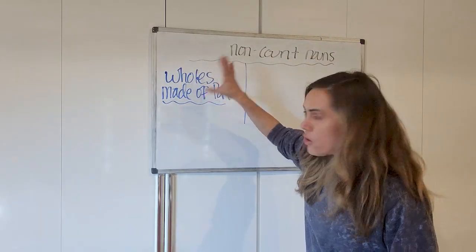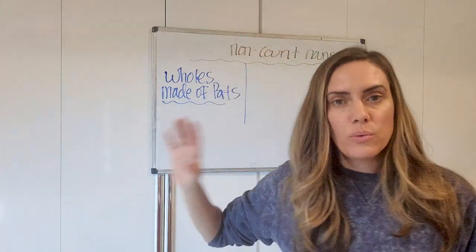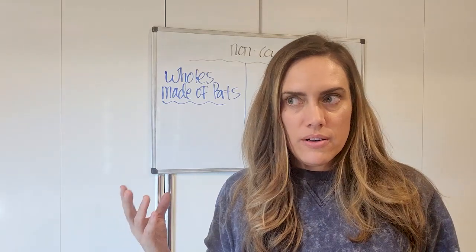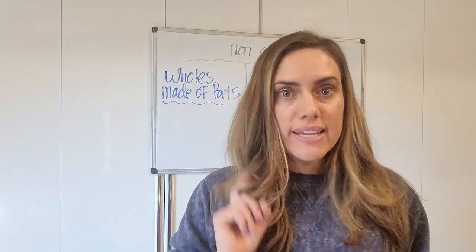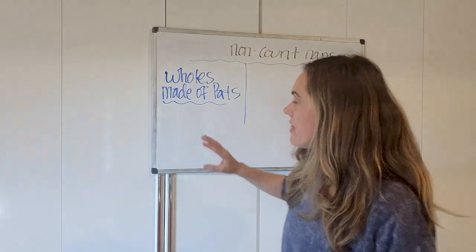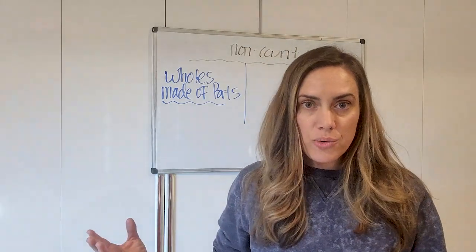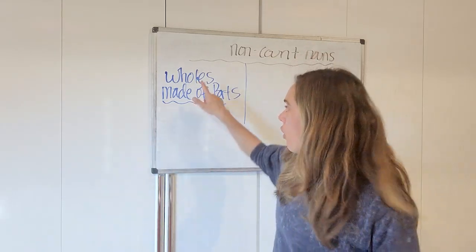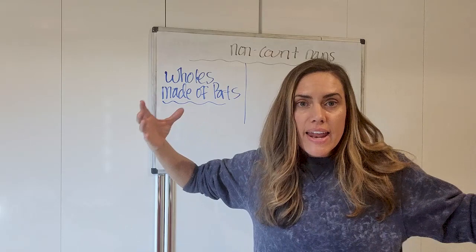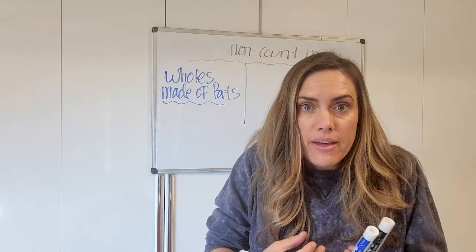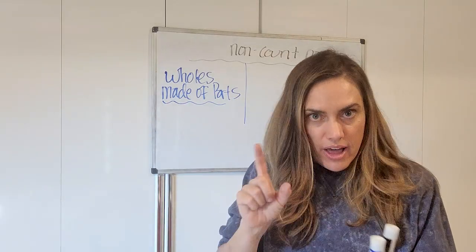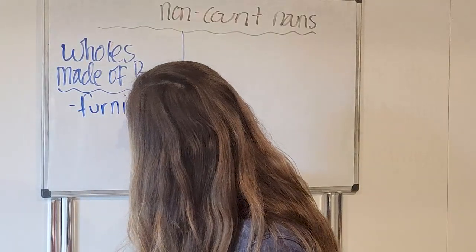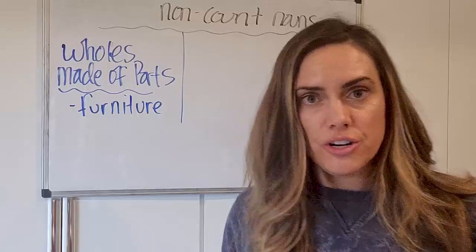So there are different ways to understand how to remember non-count nouns. And the first way is to remember that some non-count nouns are big groups, or you can say wholes, that have inside of them little parts, like furniture.